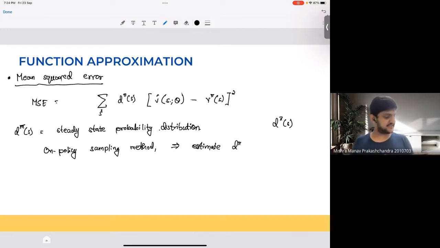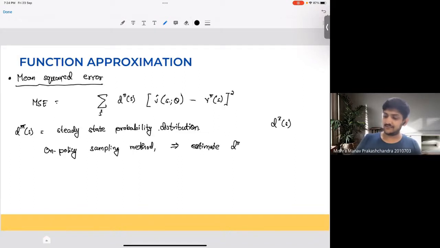So the way it works is, since I'm doing on policy sampling, my MSE can now be represented, or rather approximated, as 1 by n.